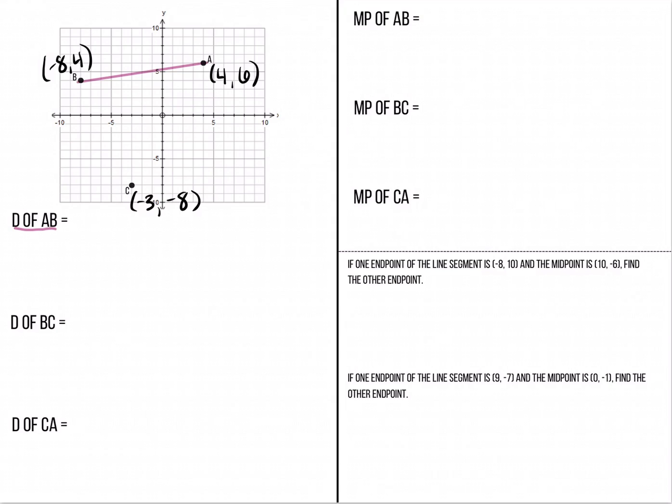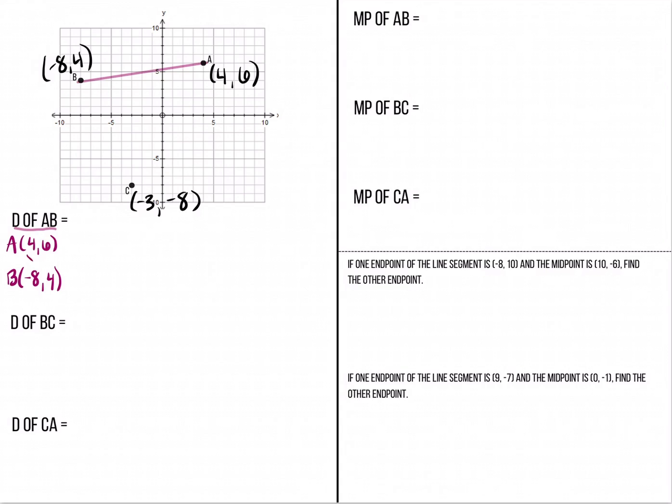First, we need what A is. A is 4, 6, and B is -8, 4. The first thing we do is label x1, y1, x2, y2. It doesn't matter which one you do, you just have to make sure you're consistent.